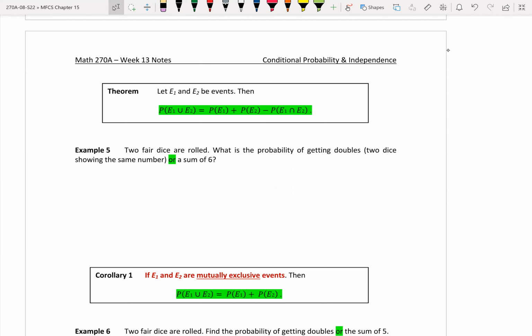So one more time, it's saying the probability of either E1 happens or E2 happens is the same as the probability of the first one plus the probability of the second one minus the overlap. That's what it says. So the question is, what's the probability of getting doubles, two of the same numbers, or a sum of 6? What is the probability of getting doubles?